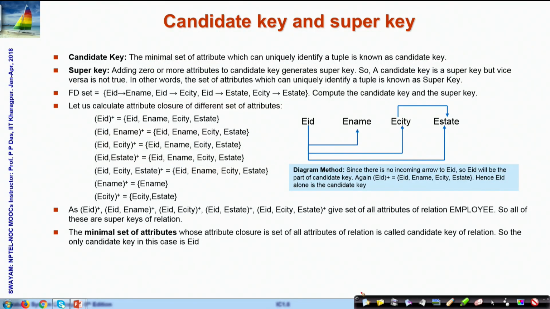They will not be used in the organization, but they will continue to have the property that if two tuples match on the candidate key, they must match on all other attributes, and they will uniquely identify the tuples of the relation. Right. I hope this will clarify the doubts.